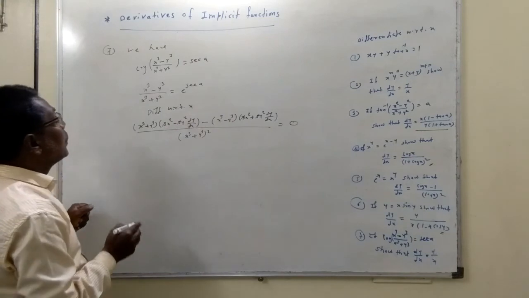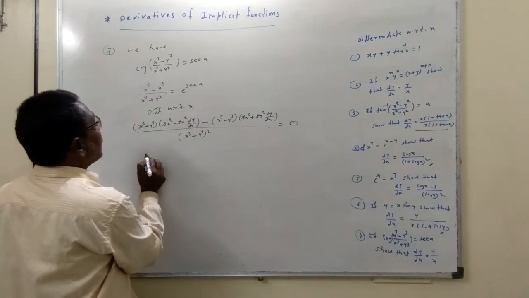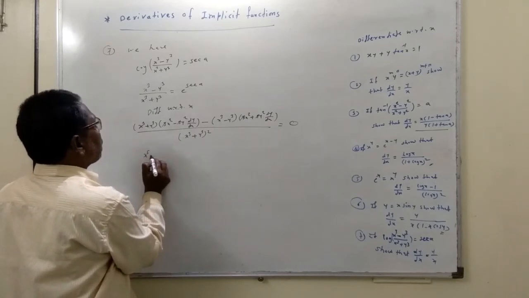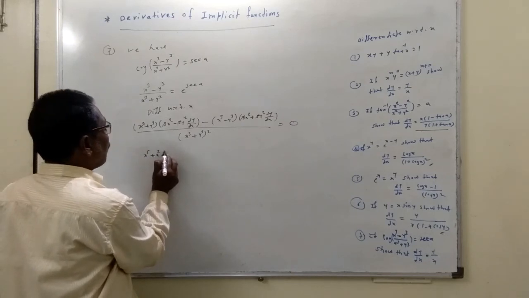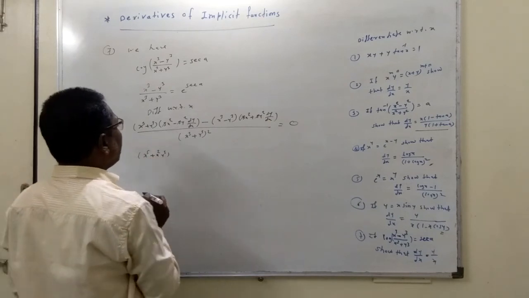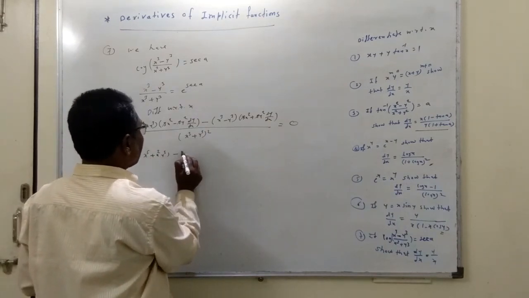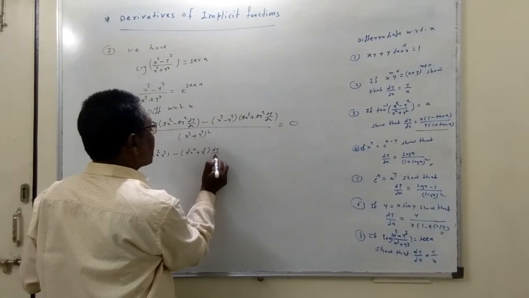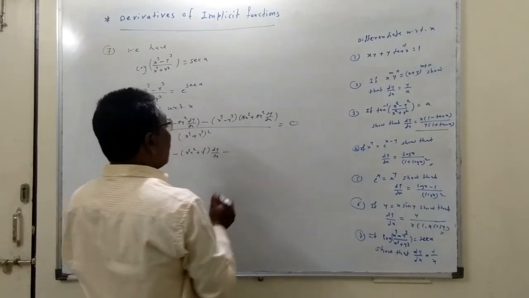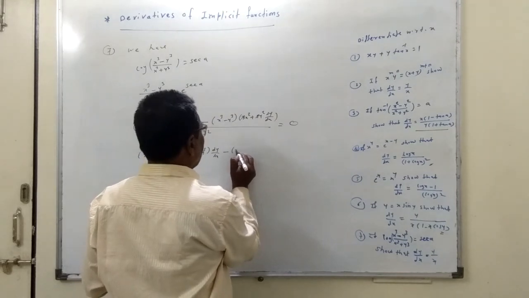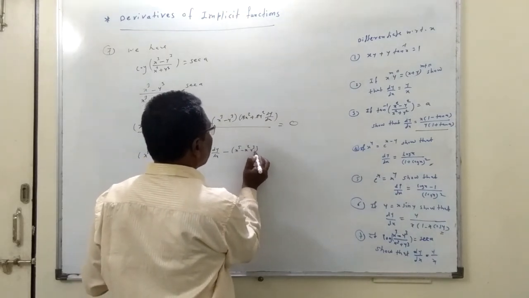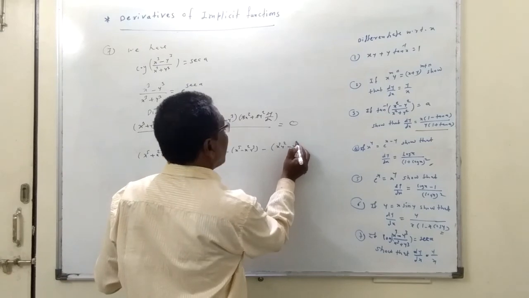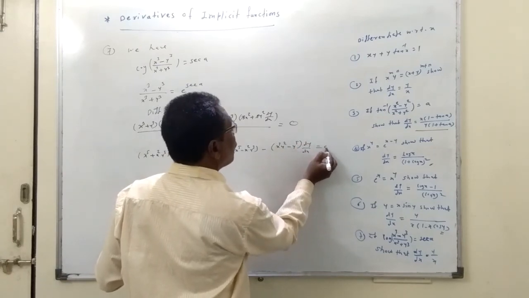So we'll get some further simplification. x raised to 5 plus x square y cube, now the dy by dx terms minus x cube y square plus y raised to 5 and dy by dx, minus x raised to 5 minus x square y cube minus x cube y square minus y raised to 5 and dy by dx equal to 0.